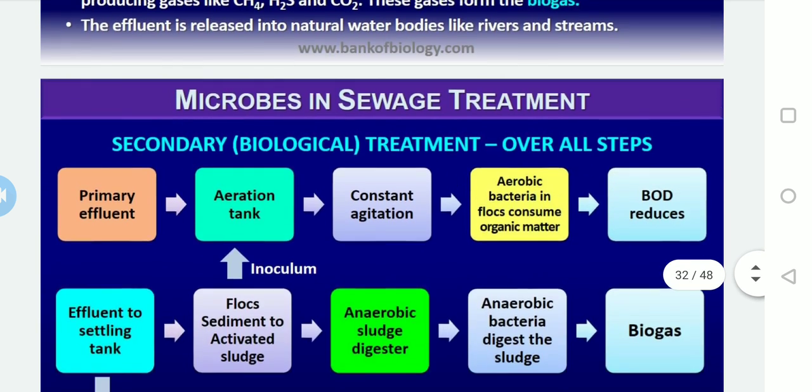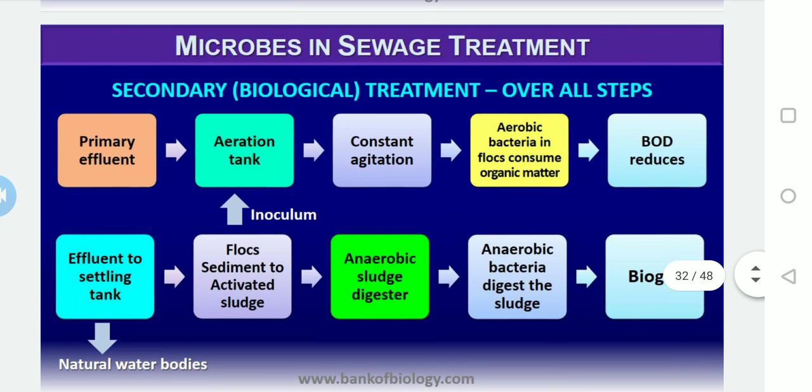So here you can identify the step-by-step mechanism beginning from the primary effluents, which are later processed in the aeration tanks. There, with constant agitation, aerobic bacteria flocs consume organic matter, so the BOD reduces, isn't it?